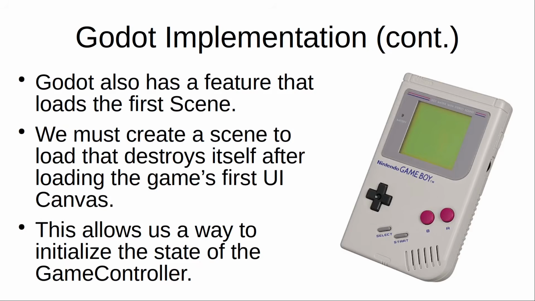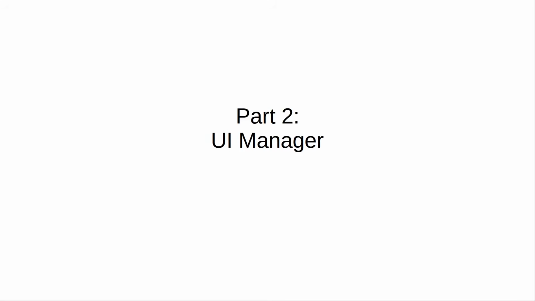So basically, how this works is we use the main scene as kind of just like an entry point for the program, right? And the main scene will execute a little code that starts the game controller with a default canvas, right? And then it will destroy itself, so then all control is passed to the game controller. And, I guess you could make it so that the game controller scene is the main scene, but I just prefer to do it this way, because I'm weird.